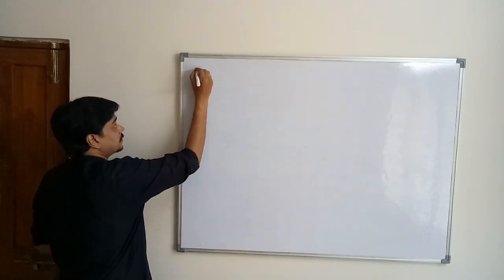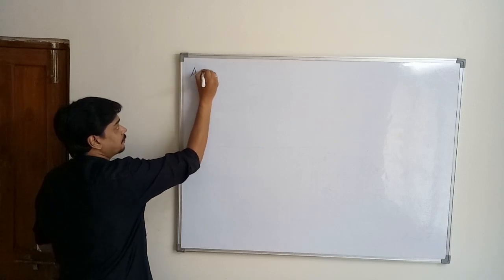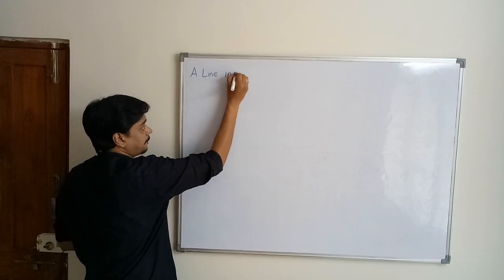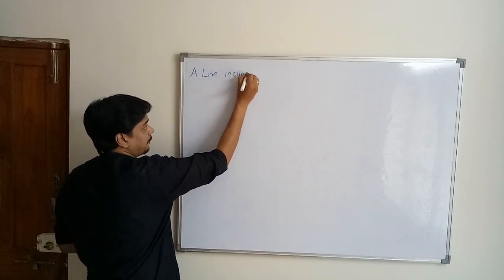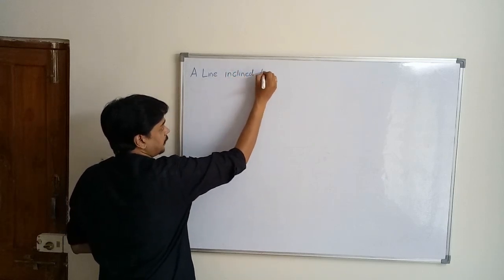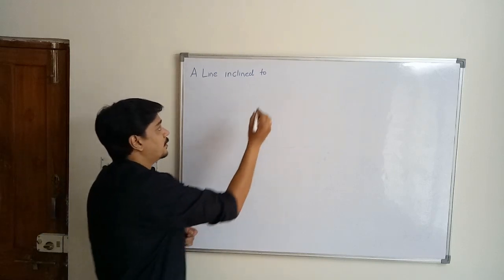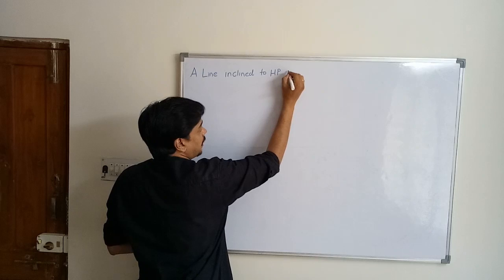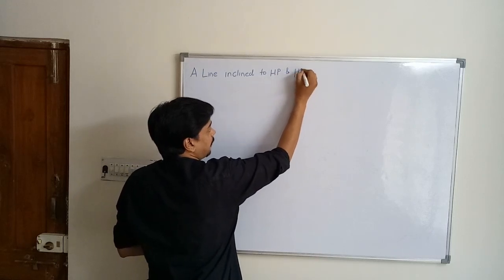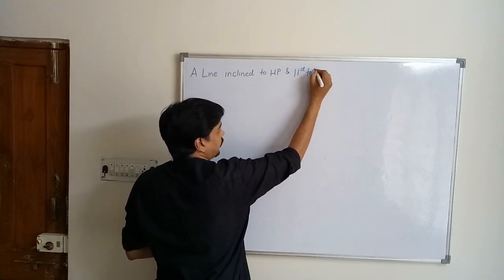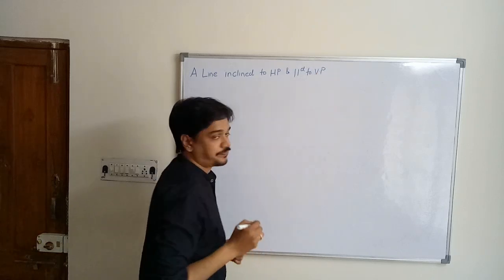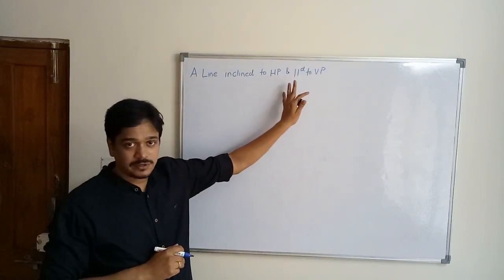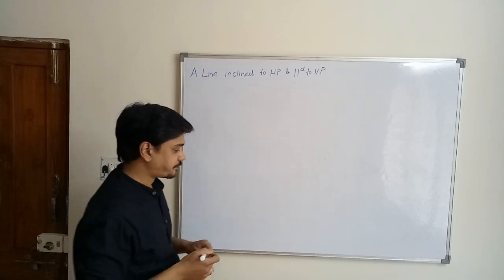Next case is a line inclined to horizontal plane and parallel to vertical plane.